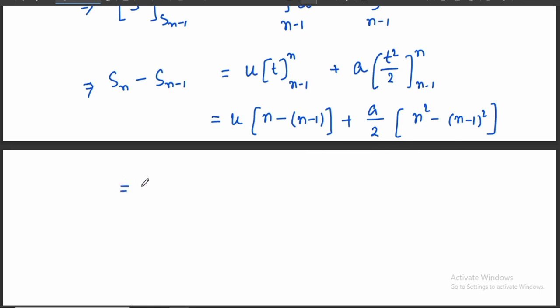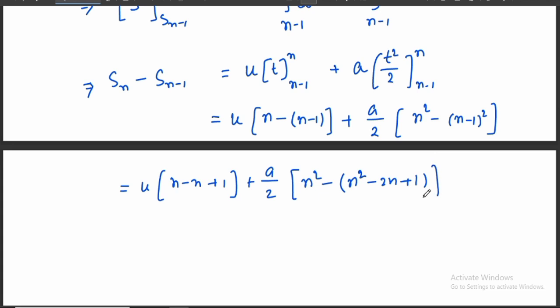In the next step, u times (n minus n plus 1) plus a by 2 times (n square minus, simplifying it, (a minus b) whole square is a square minus 2ab plus b square).